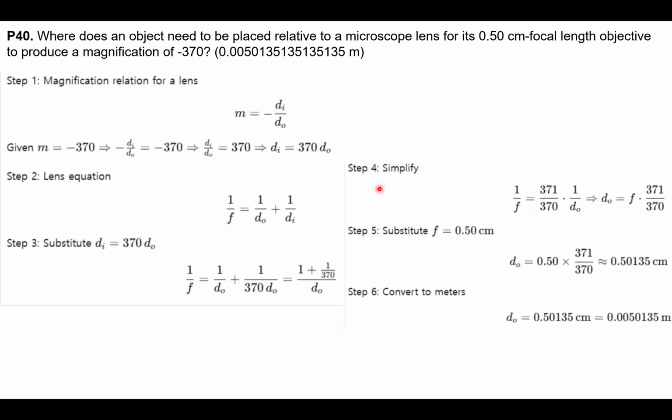Then simplify, and you get 1 over f is given by this one. And then the focal length is given as 0.5 centimeters, and then the object distance is found. So once again, what we are doing is based upon two formulas, the magnification formula and the lens formula.